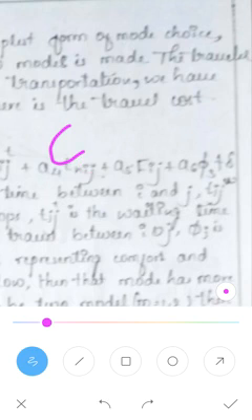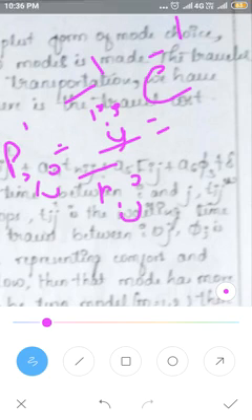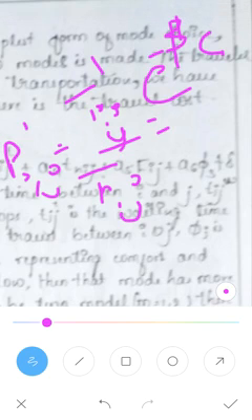Therefore the proportion of trips by mode 1 is given as Pij1 equals Tij1 divided by Tij, which equals e to the power of minus beta Cij1, divided by e to the power of minus beta Cij1 plus e to the power of minus beta Cij2. The only difference is the power of 1 and the power of 2.